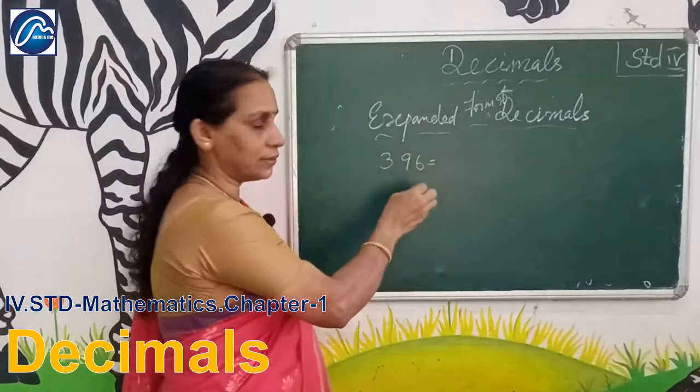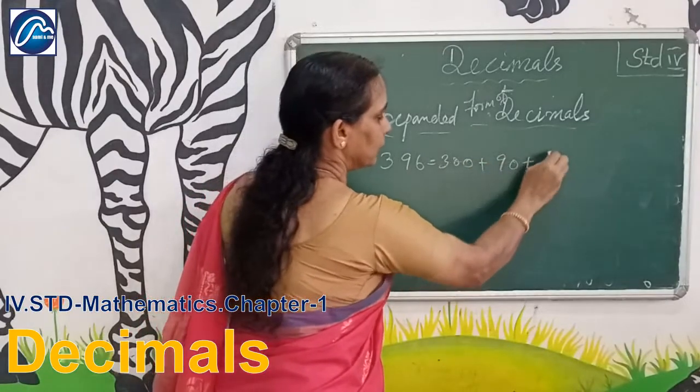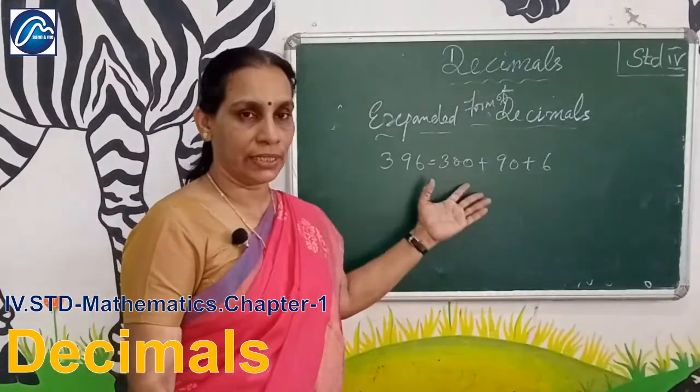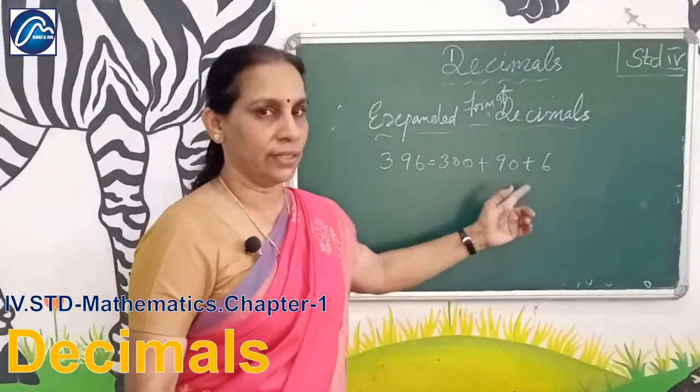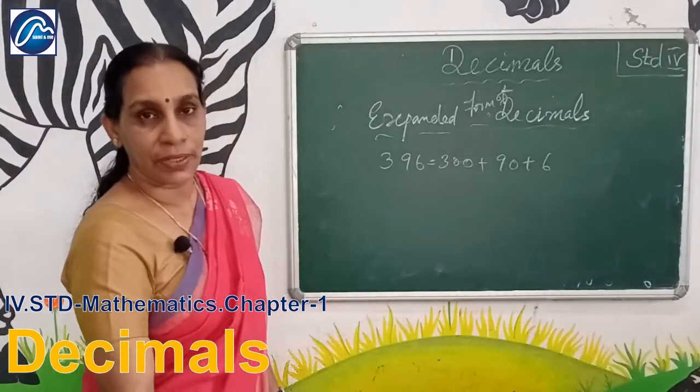You will write as 300s plus 9 10s plus 6 ones. അല്ലെങ്കിൽ 300 plus 90 plus 6 എന്ന് എഴുതും. Or 3 hundreds, 9 tens, 6 ones. അതുപോലെ ഡെസിമൽ നമ്പേഴ്സിൻ്റെ എക്സ്പാൻഡഡ് ഫോമിൽ എഴുതാം.